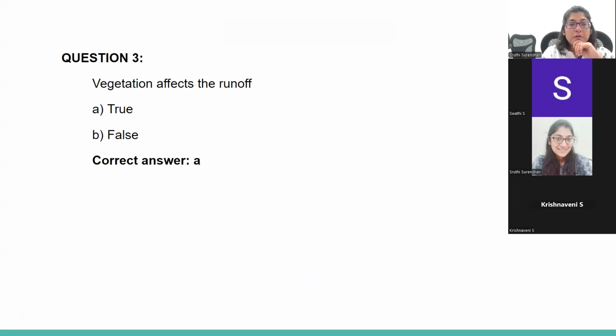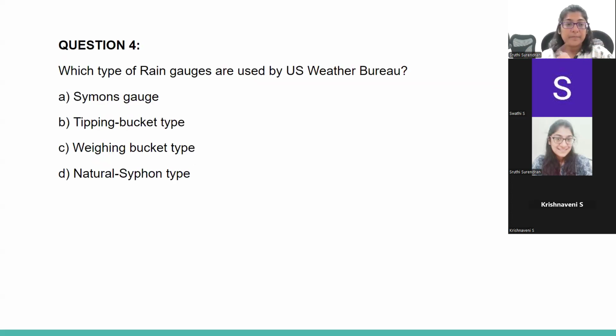Vegetation does affect rainfall. It is going to form an obstruction to the water that is flowing. Not only that, vegetation can also reduce the rate at which water flows, so this can support the infiltration process. So vegetation does affect the runoff.